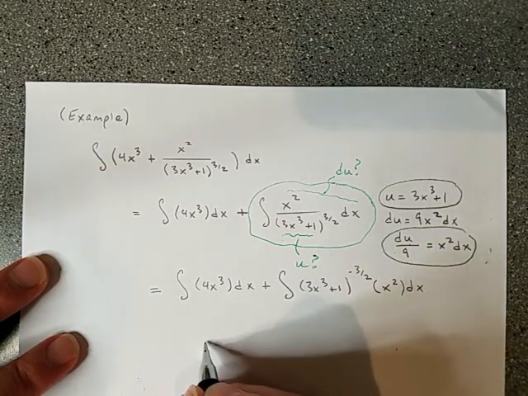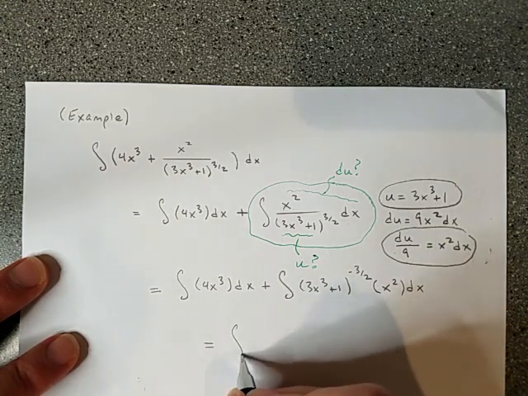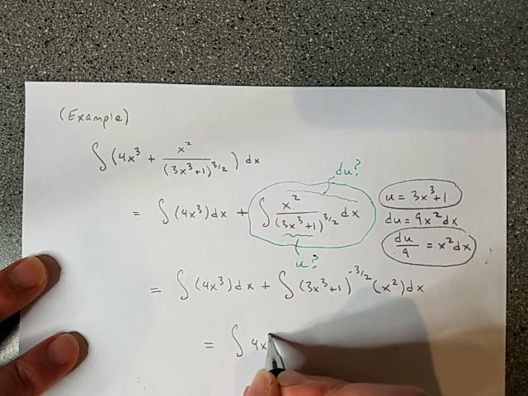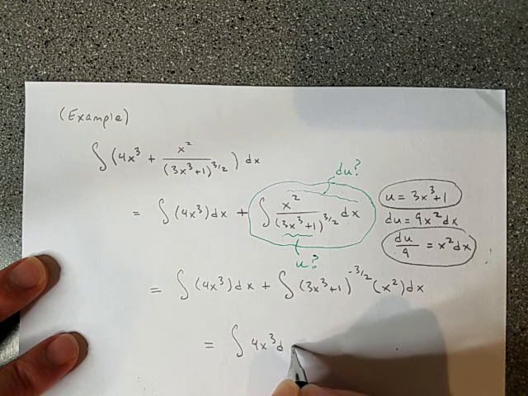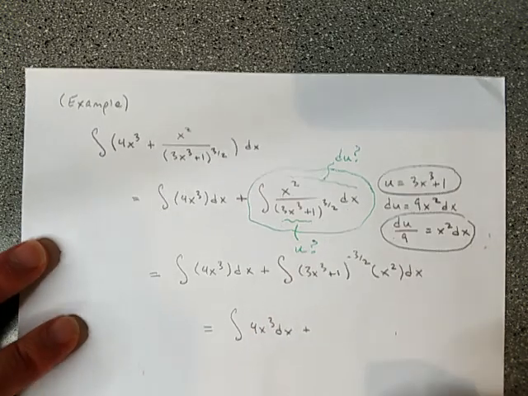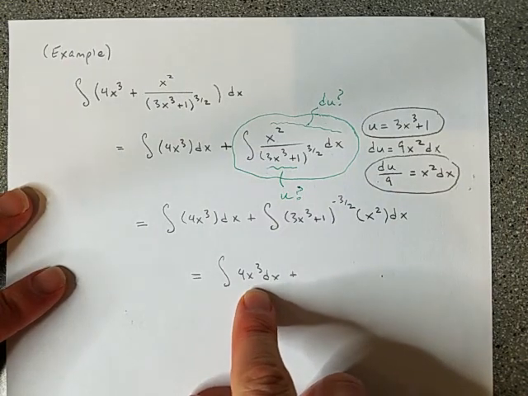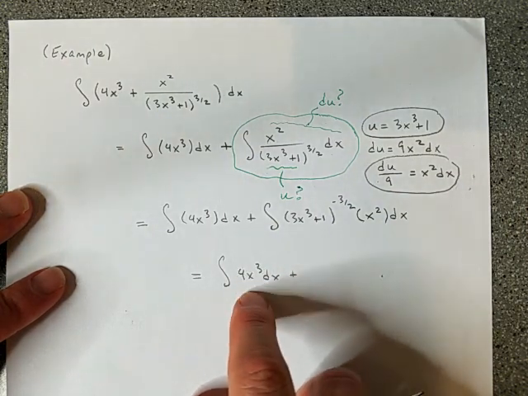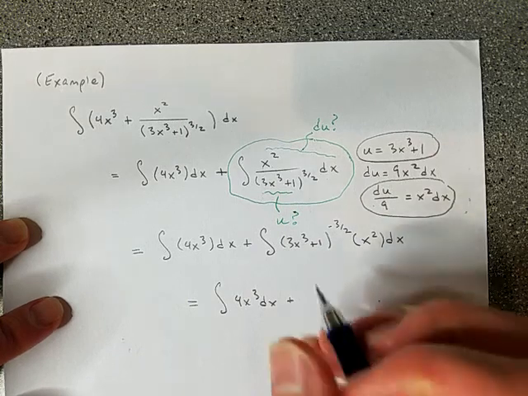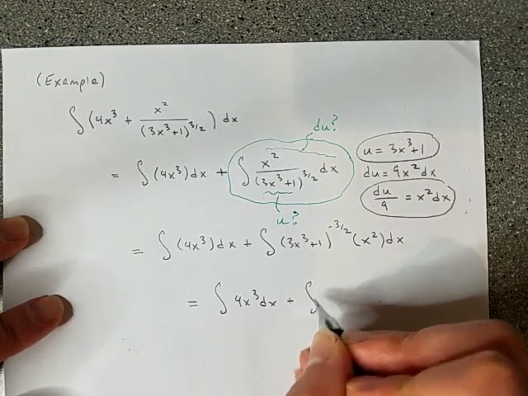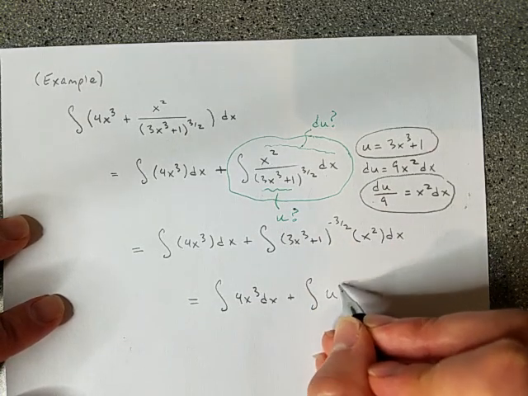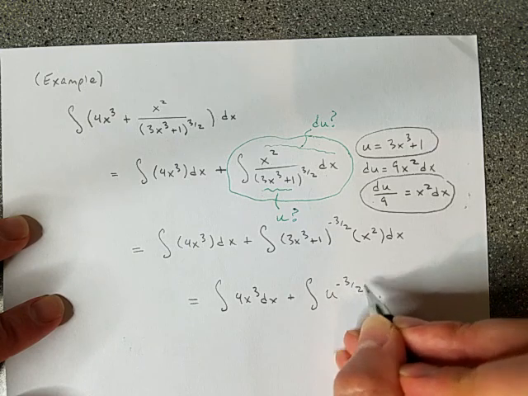Okay, so let's carry over into the next step. Now this one, I don't need U-substitution to do. It's simple enough that I can do it the way it is. This one ends up being u to the negative 3 over 2 power.